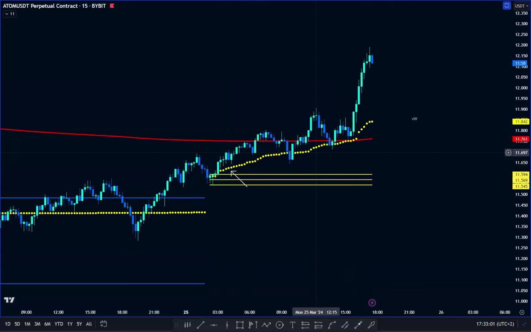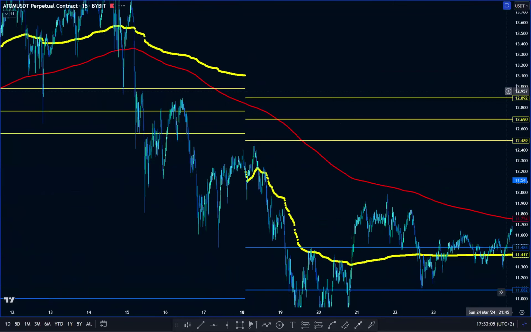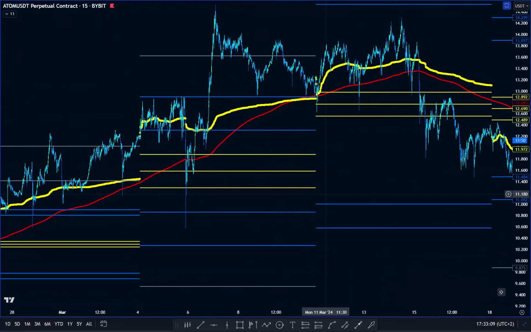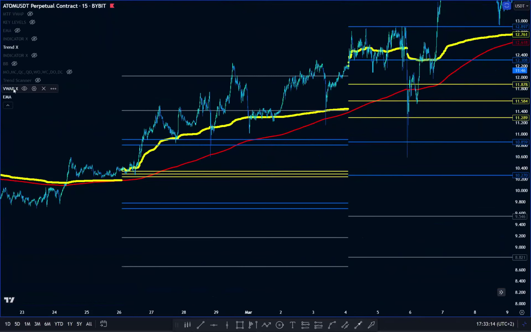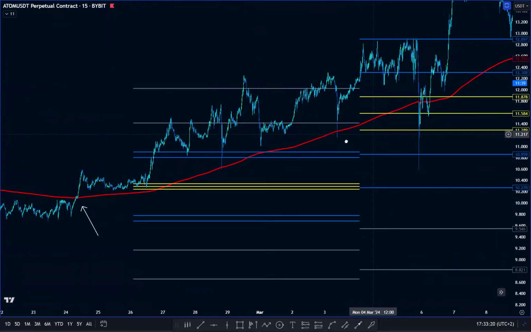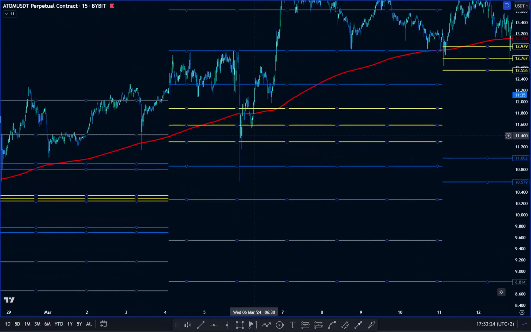Because I've noticed the 1 hour EMA, if it gets above or below that, it stays above it for quite a while. Like if you look in the past all the way here, I'll just turn off the VWAP for now. Here, price got above it over here. And look, it stayed above it all the way. Okay, it might have come down here and we got these little fake outs.